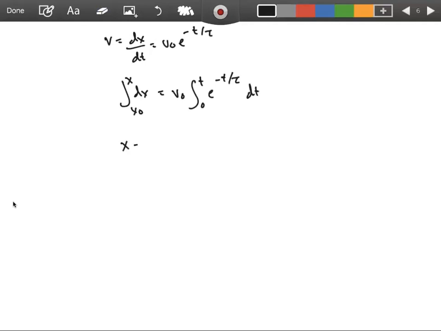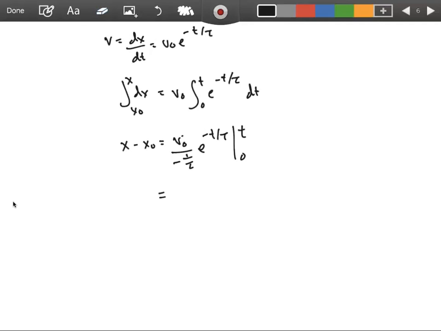The left-hand side, of course, becomes x minus x initial, equal to v0. The integral of that is just the derivative divided by, so I get a minus 1 over tau. And then I'm going to get e to the minus t divided by tau, evaluated from 0 to t.